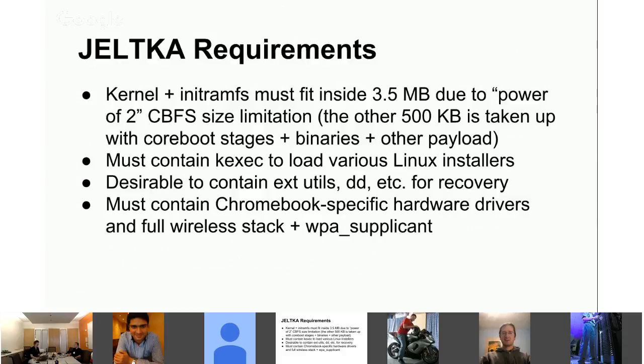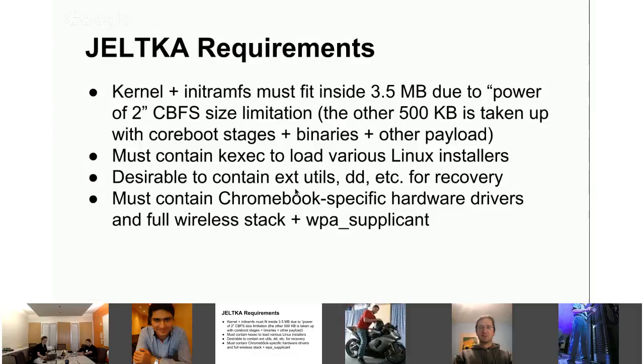Okay, 8 meg, but still pushing the limits for an Intel system. He had to include kexec and a couple other utilities. His tools of choice were the ext file system utilities, DD, and some other things that you might find nice to have for recovery. And also a full wireless stack and WPA supplicant.